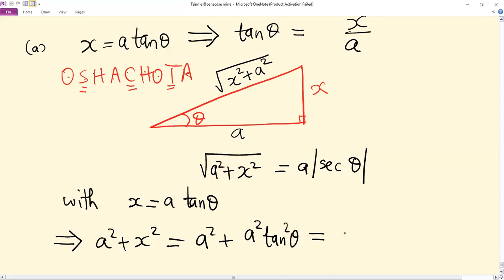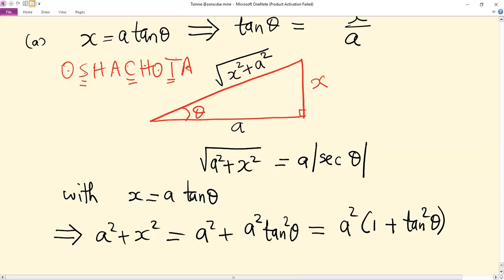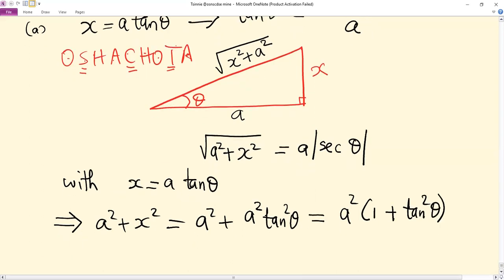And this is the same as a squared into 1 plus tan squared theta. And 1 plus tan squared is sec squared, so we get a squared sec squared theta.